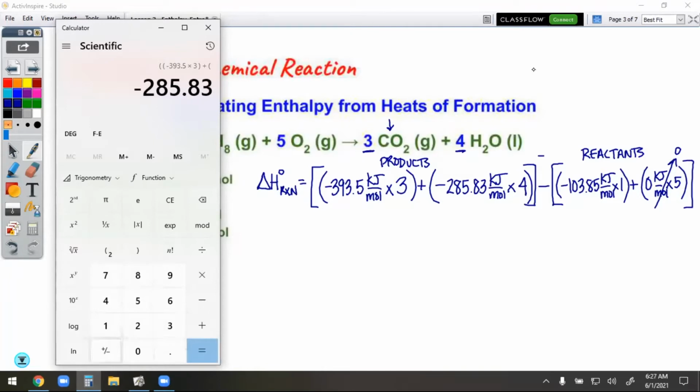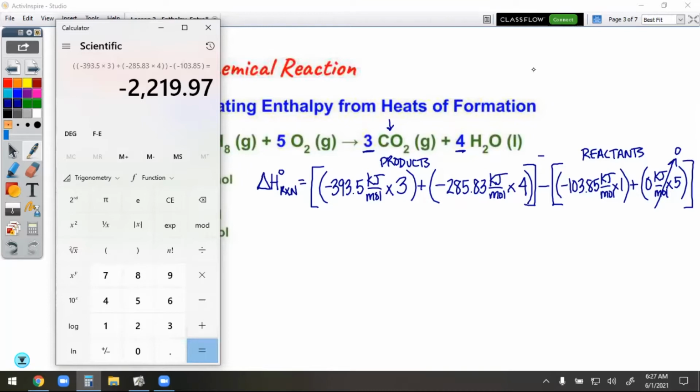That is also negative. I'm going to multiply that by 4, close parentheses, close parentheses. Now we're going to subtract the other side. So we have open parentheses, 103.85 times 1. So we don't have to worry about that, but it is negative. Close the parentheses.